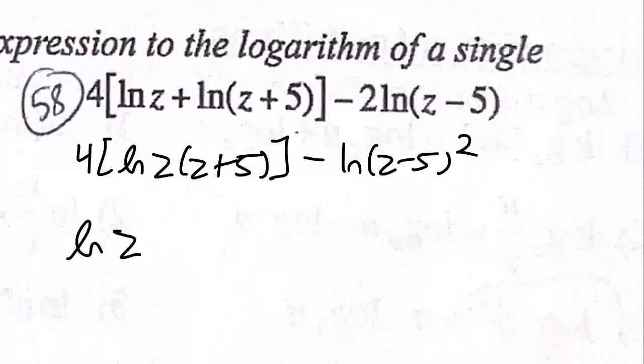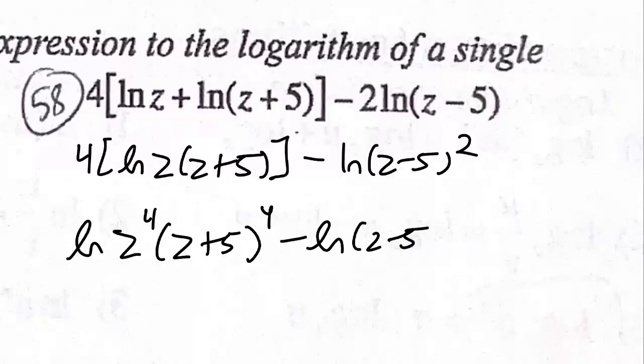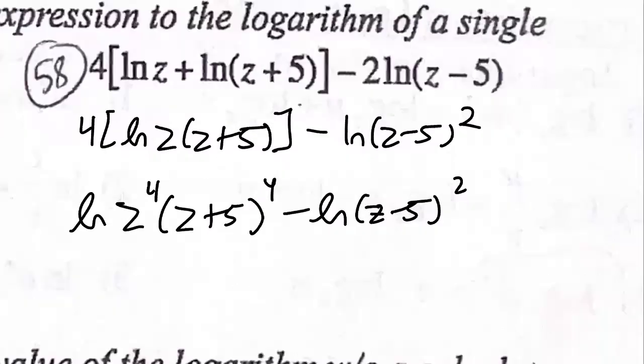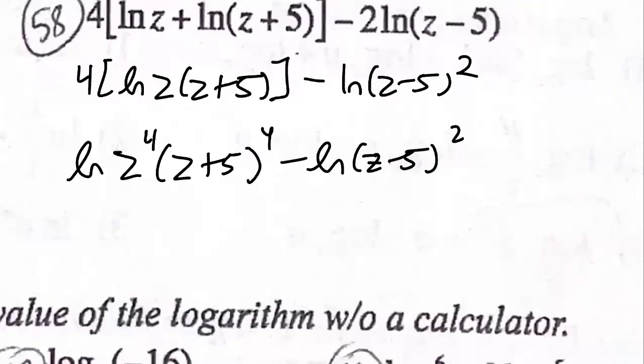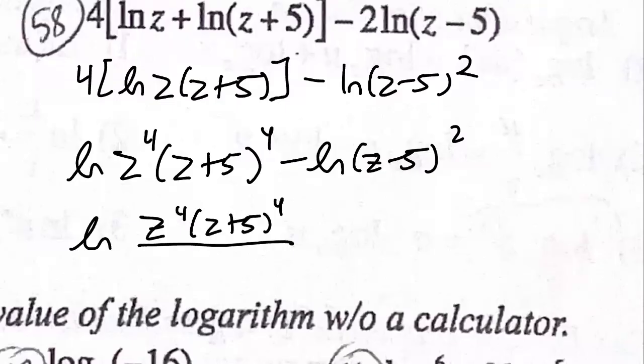Ln of z plus 5 to the power of 4 minus ln of z minus 5 squared. So the power rule has to go to both of them, not just one of them. And then since we're doing subtraction, it's going to be the quotient rule. This would be your final answer.